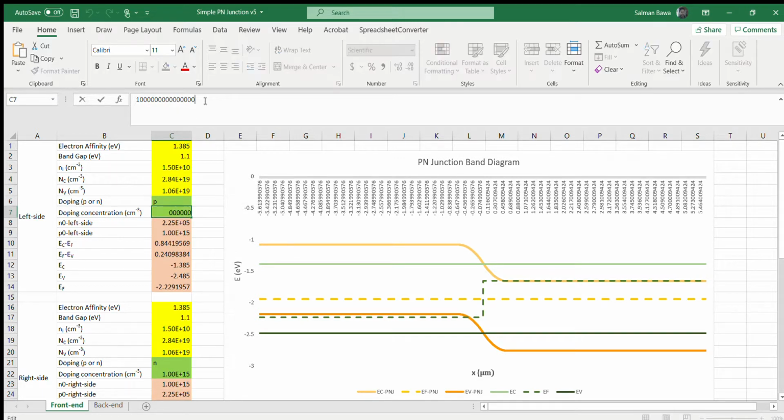Now, let us say we reduce the doping concentration on the left-hand side by an order of magnitude.